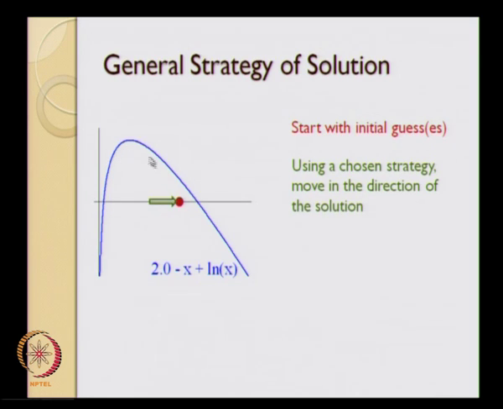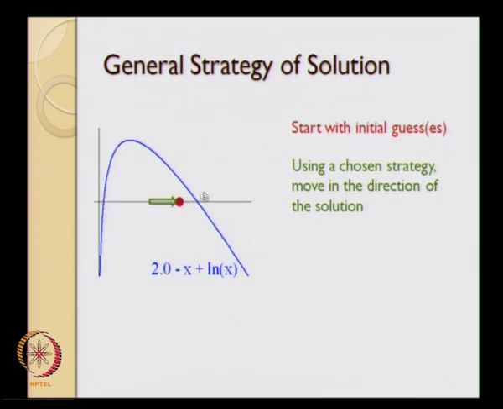In this case, we know how the curve looks like and we know exactly what the solution is going to be. So we can figure out whether the point is moving towards the solution or away from it. But in general, if we do not know what this curve looks like, or where the intersection of the curve with the x axis is a priori, we do not know whether the movement is in the direction of the solution or not.